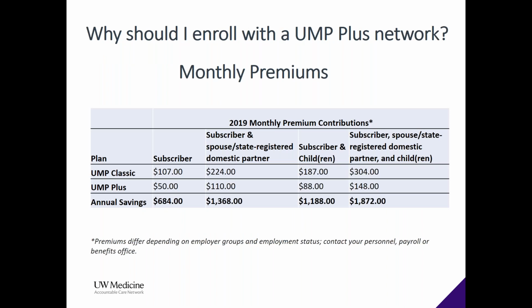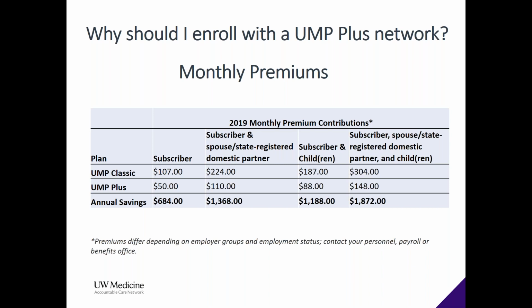This table is a comparison of the monthly premiums for UMP Classic and UMP Plus for each of the 4 categories, working from the left, a sole subscriber, a subscriber and spouse, a subscriber and children, and a full family.